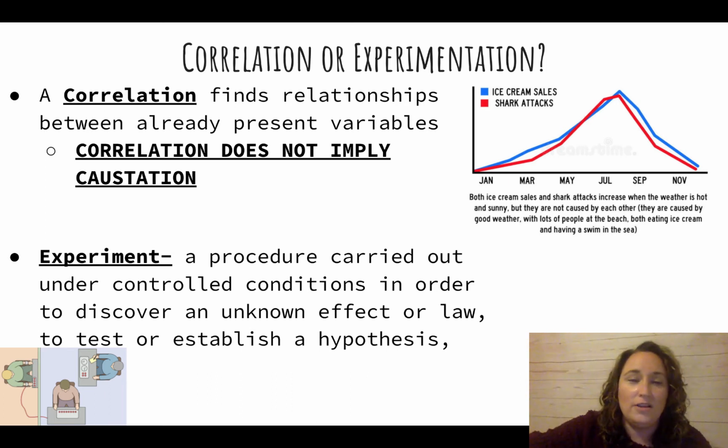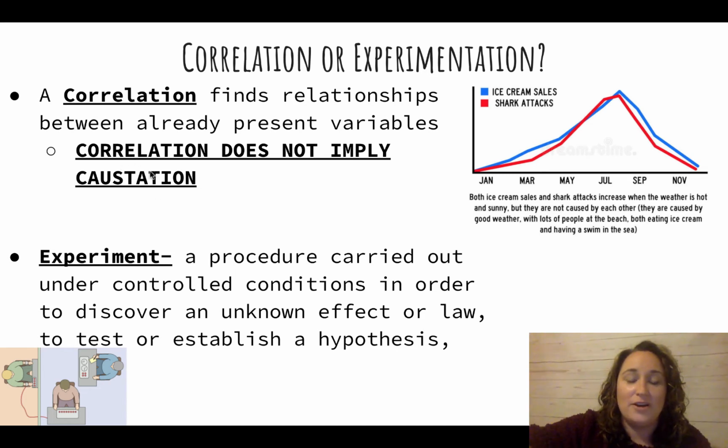So when I'm throwing around these two words, there are different types of studies: correlational studies and experimental studies. A correlation is looking for relationships between two things already present. For example, you might be looking at ice cream sales and shark attacks, right? Correlation doesn't always mean causation.